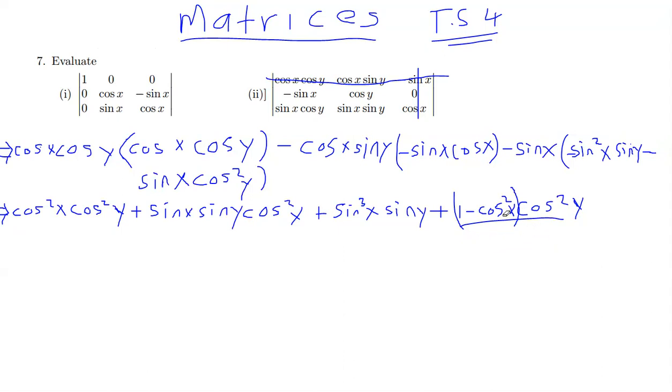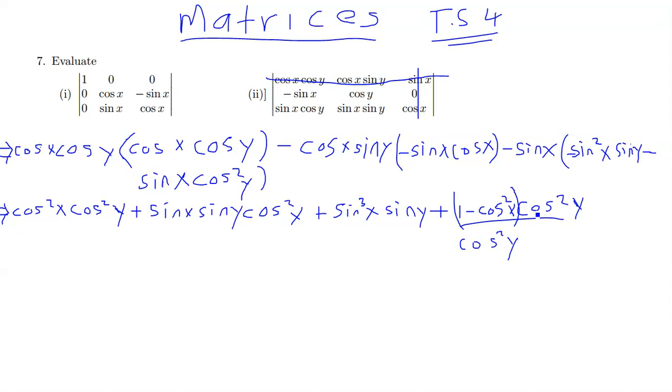Then when I multiply this cos squared y times 1, I'll remain with cos squared y, and then this cos squared y times cos squared x, I'll get my negative cos squared x cos squared y. So this cos squared y times 1, I'll get my cos squared y.